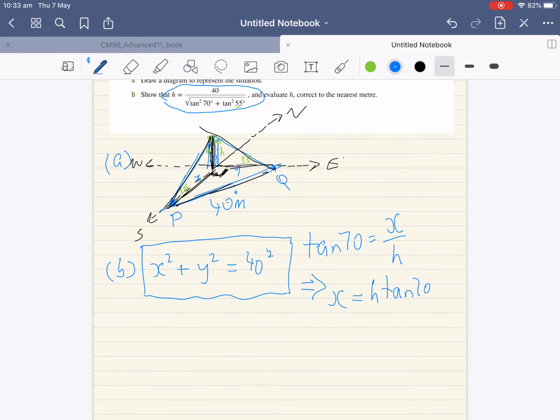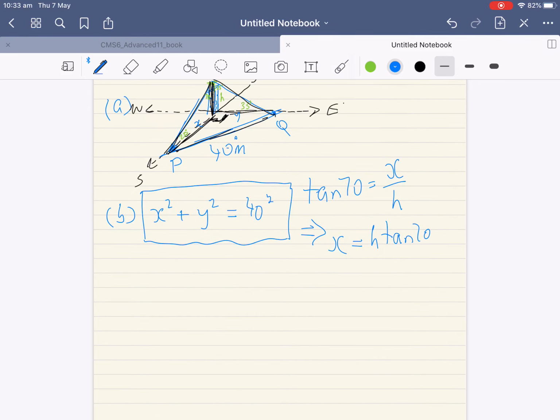Doing the same with the triangle that involves Q and the tower, tan 55 degrees will be equal to opposite over adjacent, implying that y will be equal to h tan 55.